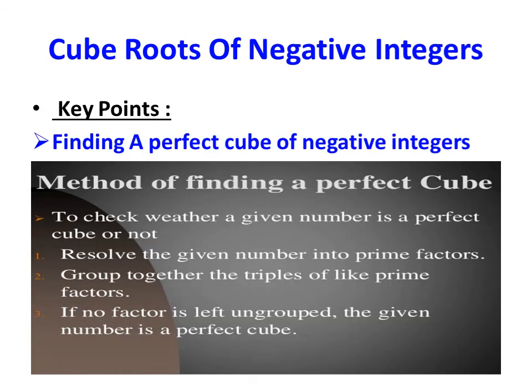Then we discussed finding a perfect cube of negative integers. We have followed the steps that first of all we will resolve the given number into prime factors, then group together the triples of like prime factors, and if no factor is left ungrouped, then the number is a perfect cube.